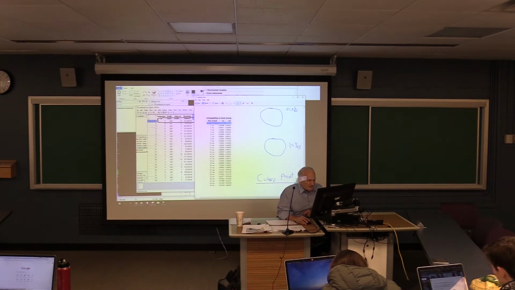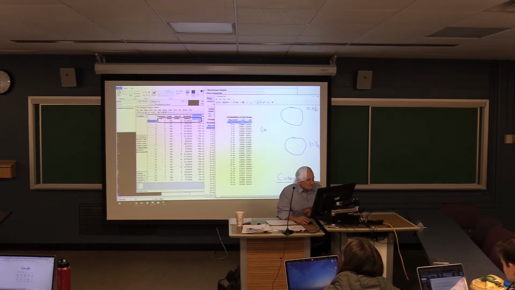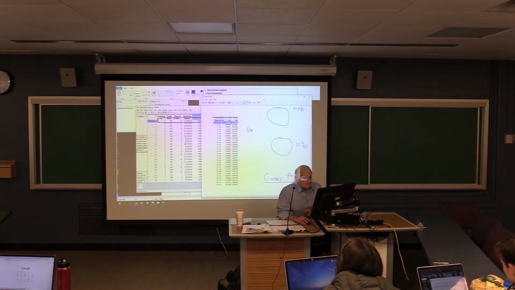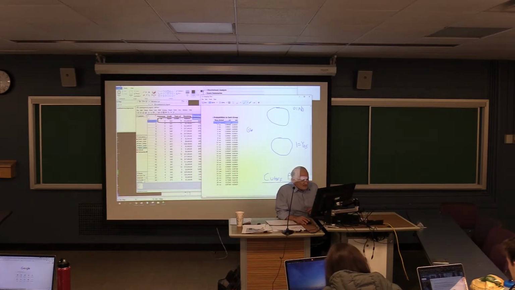So here is, again, observation 1, all right? So here is the new observation, or observation 1. This here is the probability that observation 1 will be assigned to class no, to class 0. This is the probability that observation 1 will be assigned to class 1.